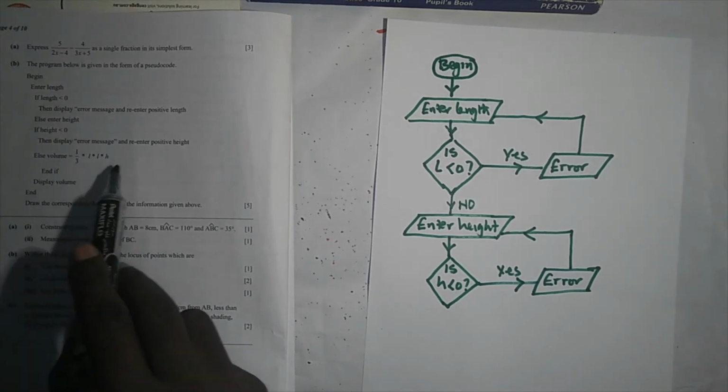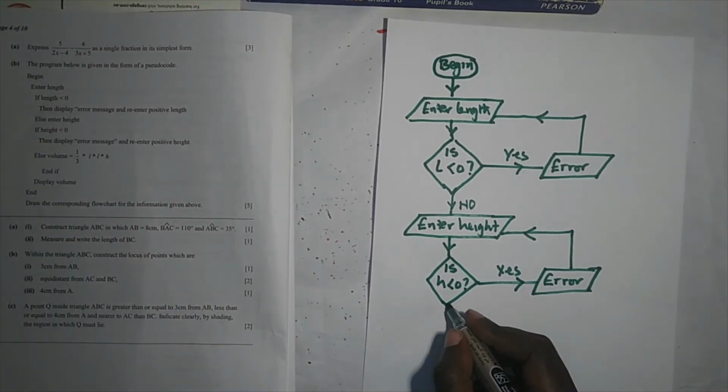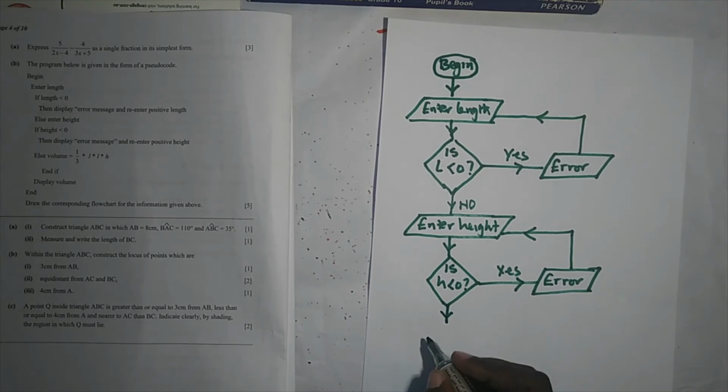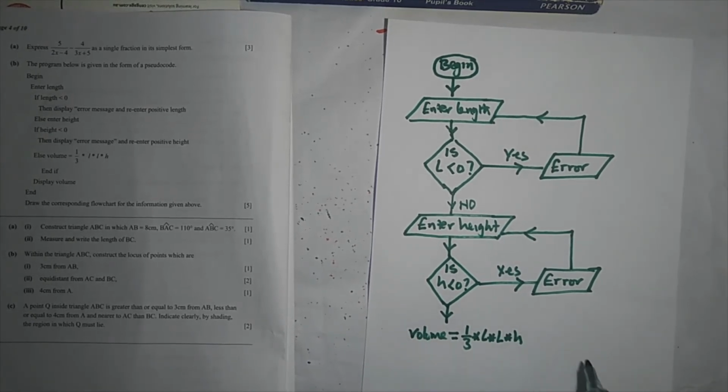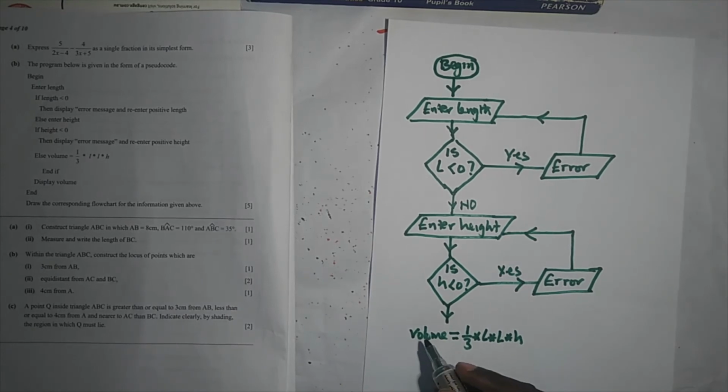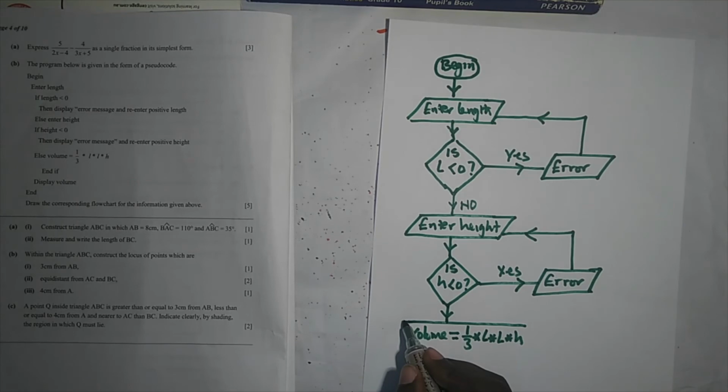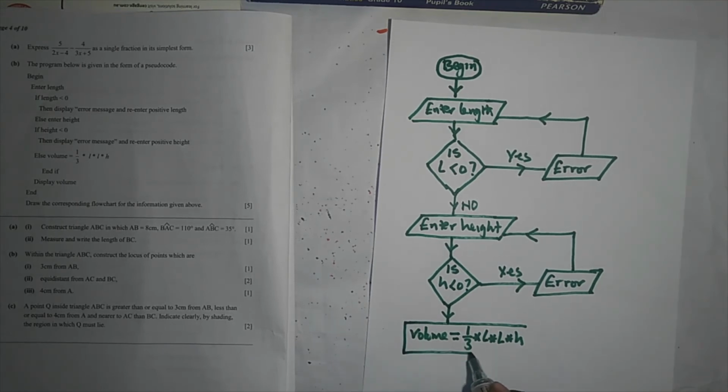The next statement from displaying the error message is else the volume. This is a formula. Coming down here, we are going to have volume. Volume is equal to 1/3 times L times L times H. A formula will always go into a rectangle, so you're going to have a rectangle here.